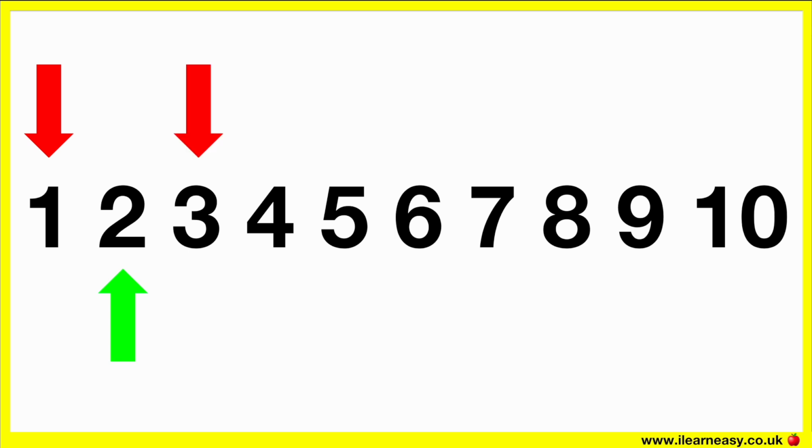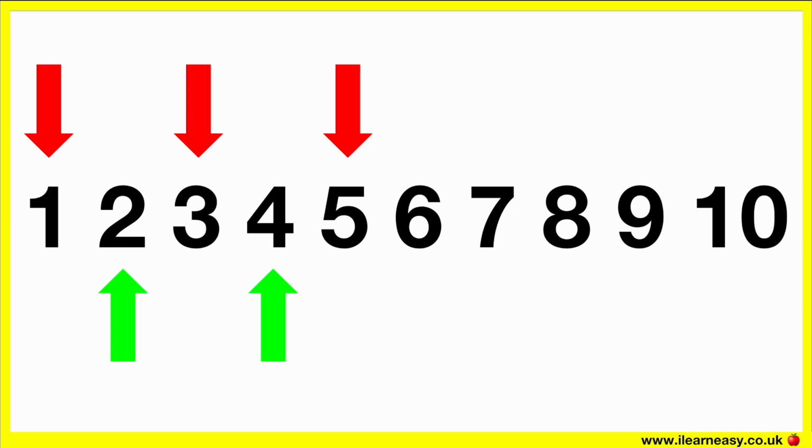The number 3 is odd because it can't be split into 2 equal parts. Is the number 4 even or odd? The number 4 is even because it can be split into 2 equal parts. Is the number 5 even or odd? The number 5 is odd because it can't be split into 2 equal parts.